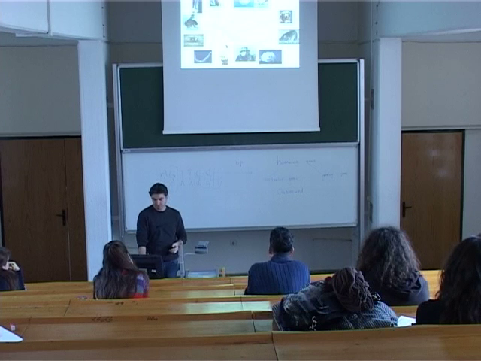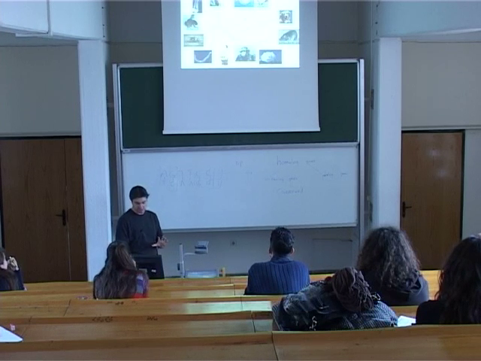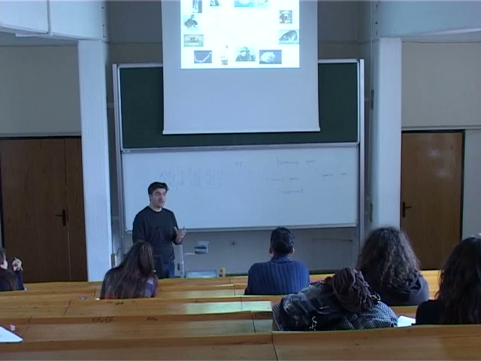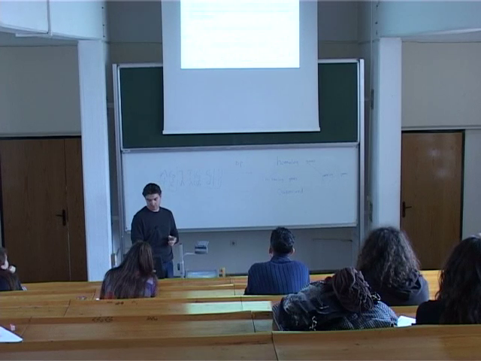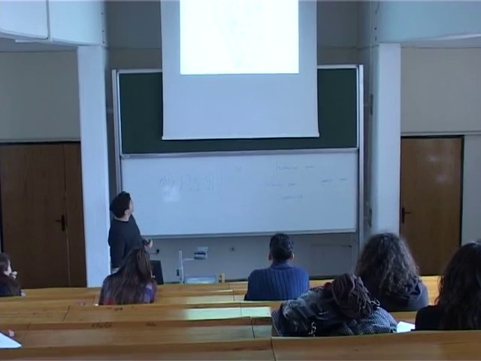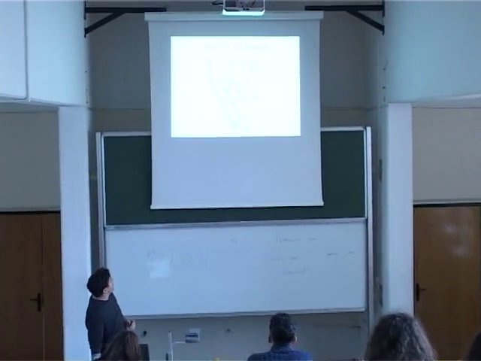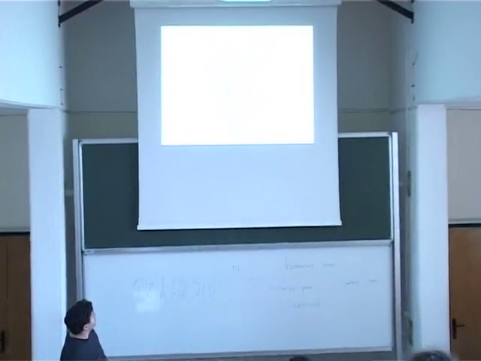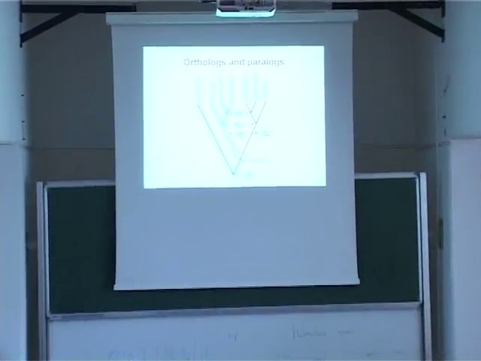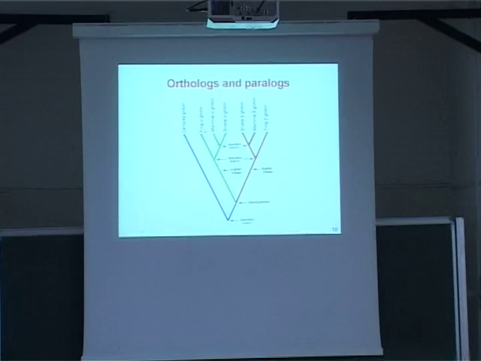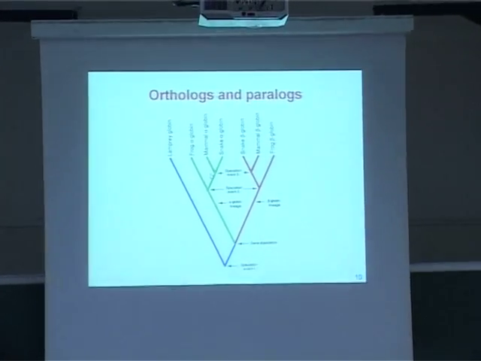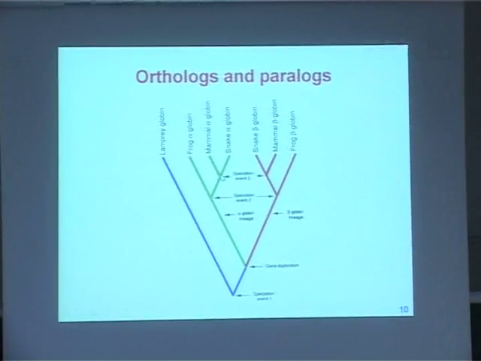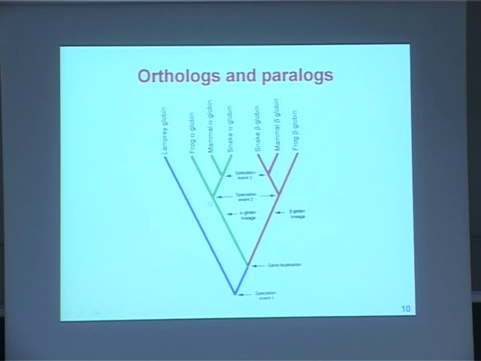Okay, so understanding these similarity relationships, for example, if you go back to this tree, this shows that the mammal alpha globin is closer to snake alpha globin compared to the frog alpha globin, because this speciation event happened later in the evolutionary history.